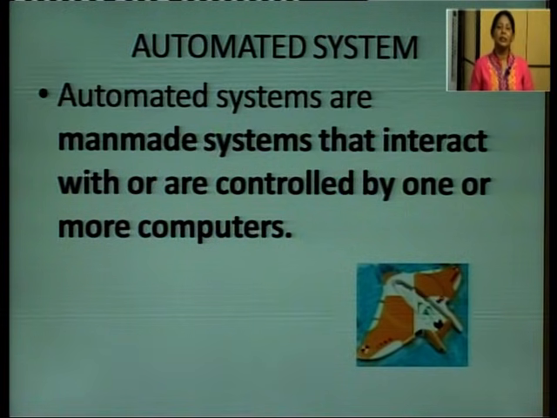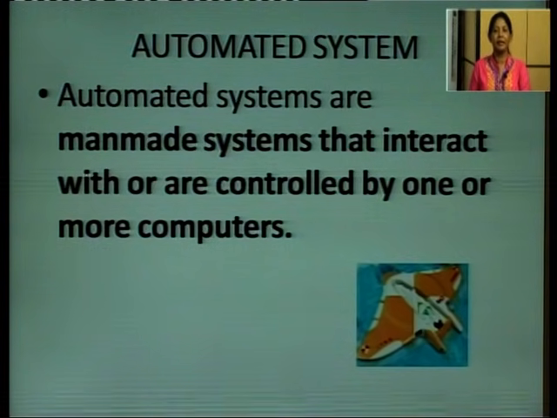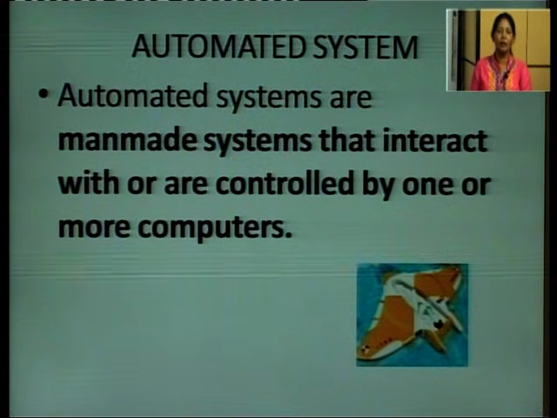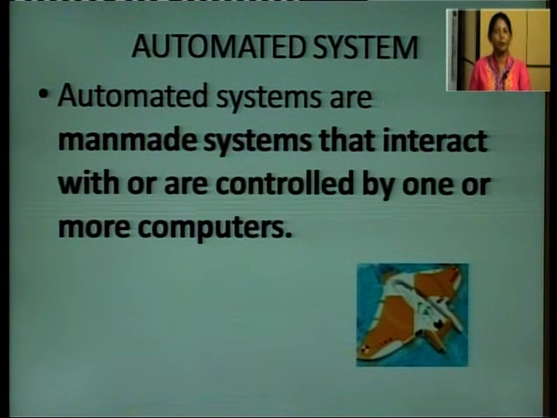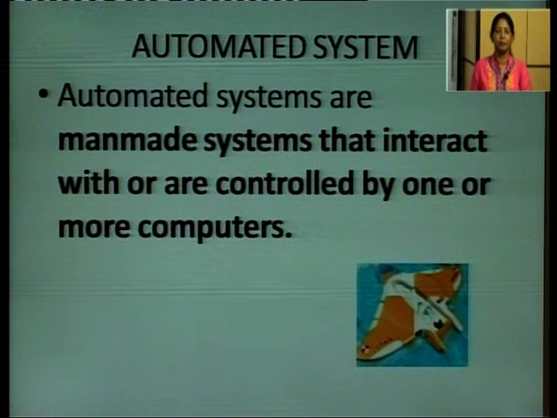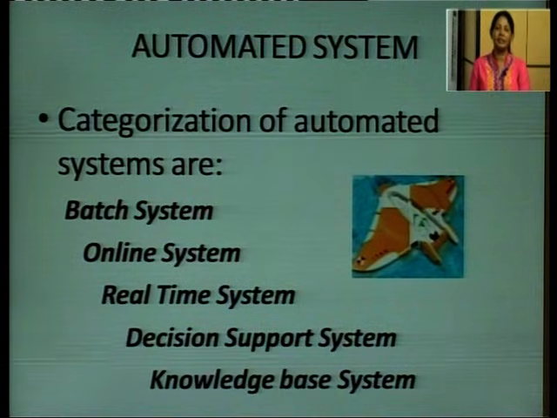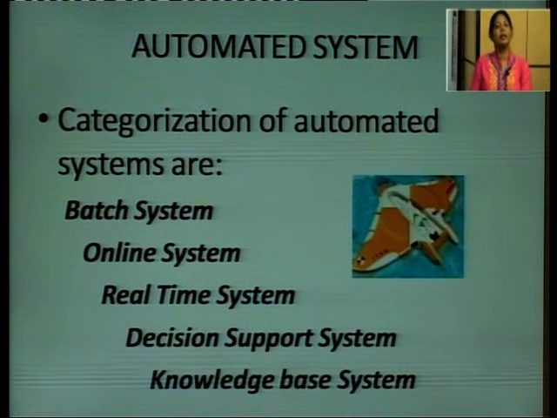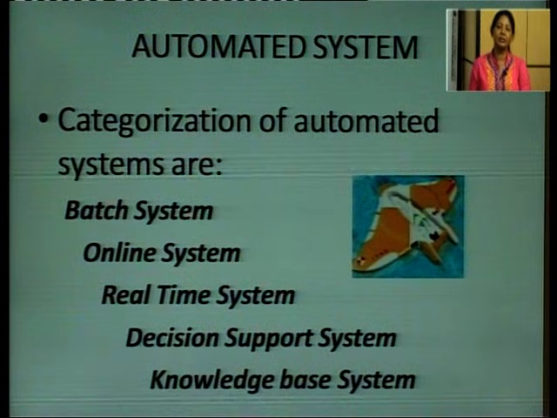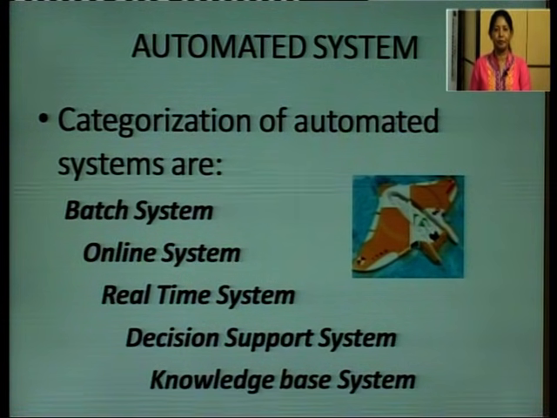Automated systems are man-made systems that interact with or are controlled by one or more computers. These types of systems are called automated systems. There are categories like batch systems, online systems, real time systems, decision support systems and knowledge base systems.